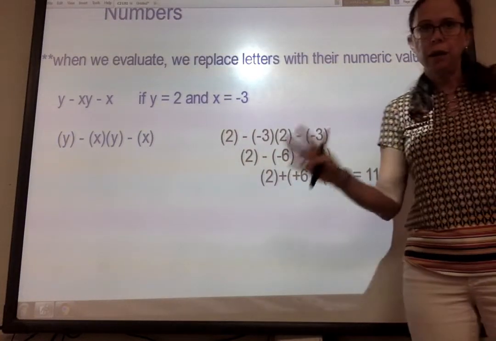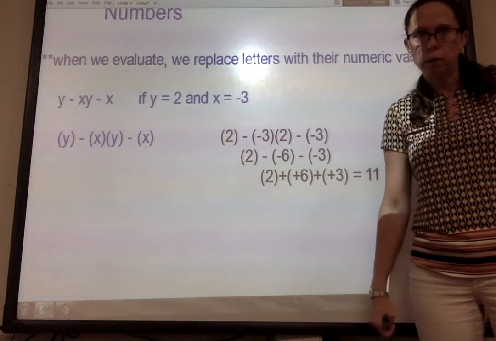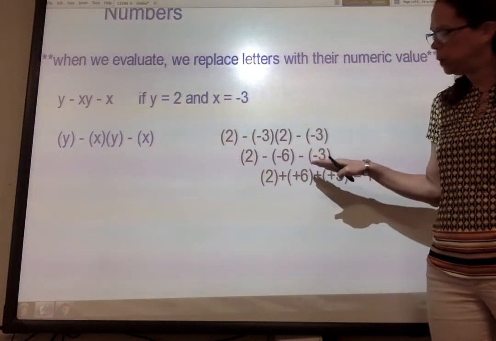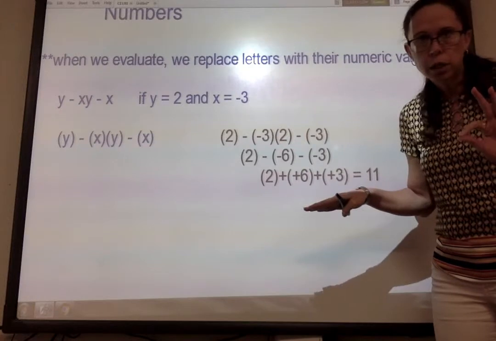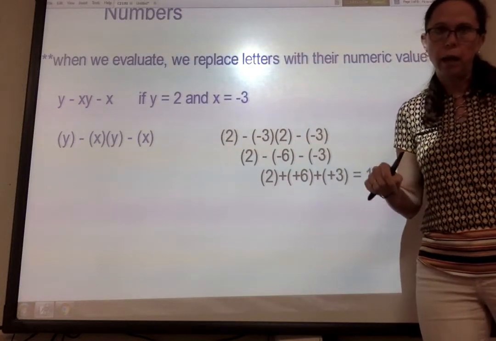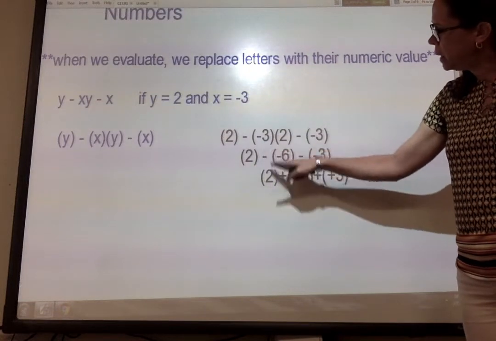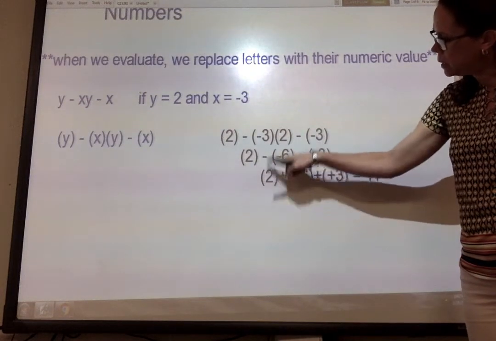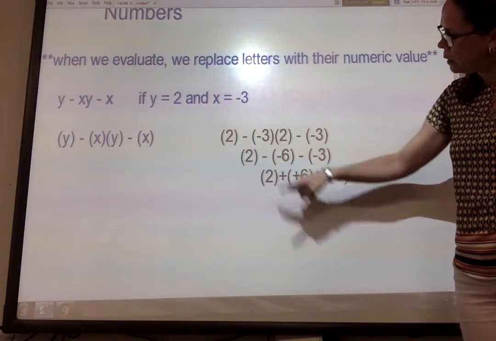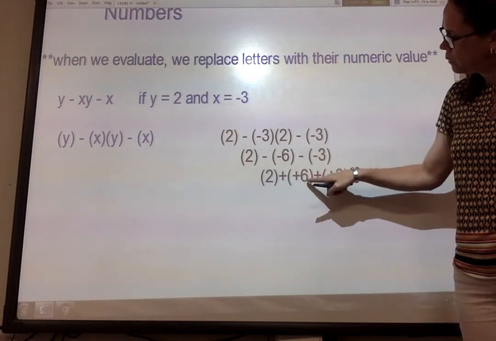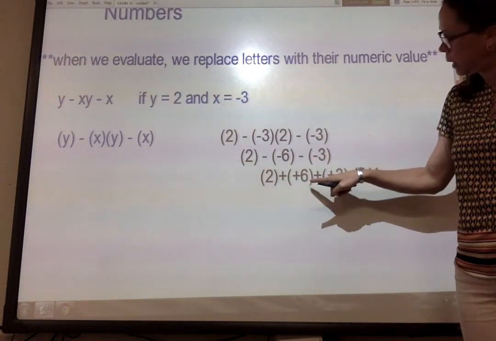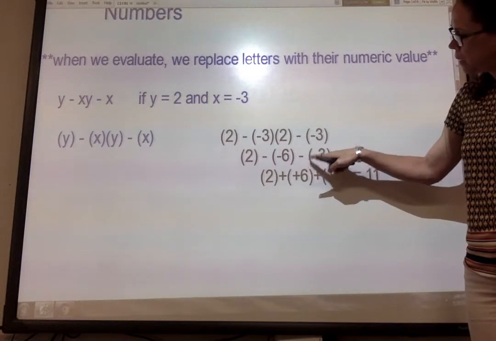So now I don't have anything left except adding and subtracting. So I'm going to come through here and change my subtractions to algebraic addition. I'm going to add the opposite, okay? So 2 minus a -6. Instead of minus a -6, I'm going to add the opposite of -6, which is +6, okay? Then I have minus a -3.